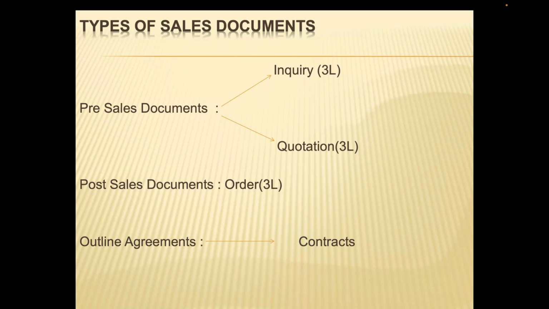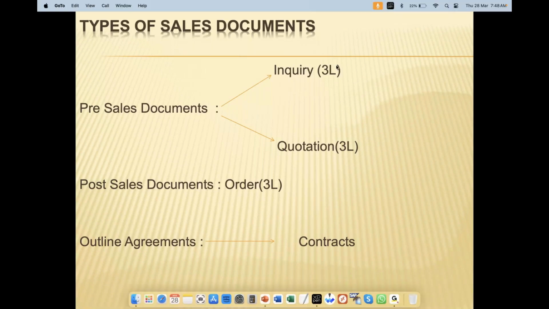What is pre-sales? Pre-sales is the base, like inquiry, like quotation. It is all about pre-sales. So you can see your inquiry first. What is the purpose of an inquiry? A customer goes to a store asking for a product, whether it is available or not, and checking what the price is.